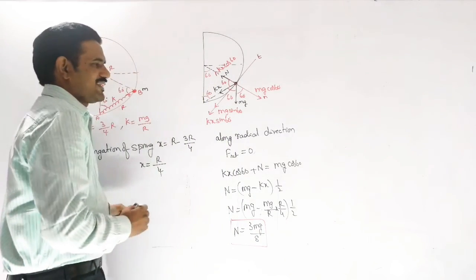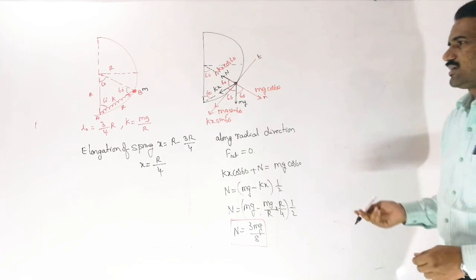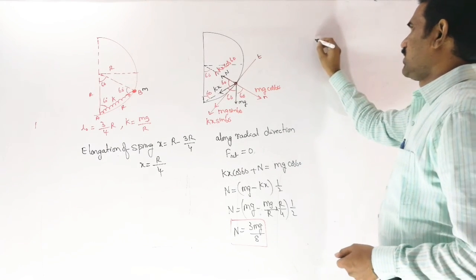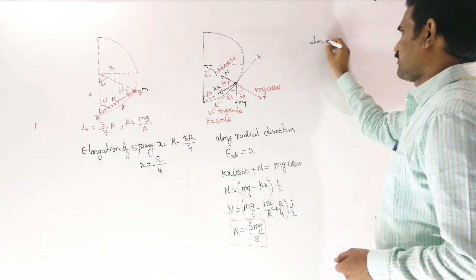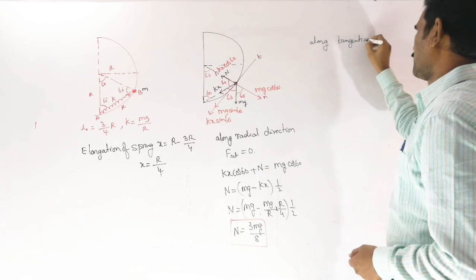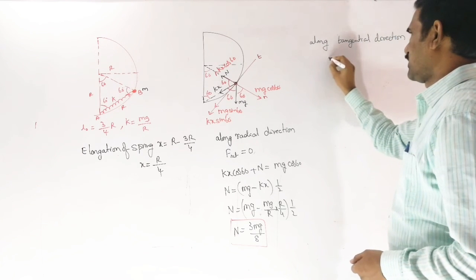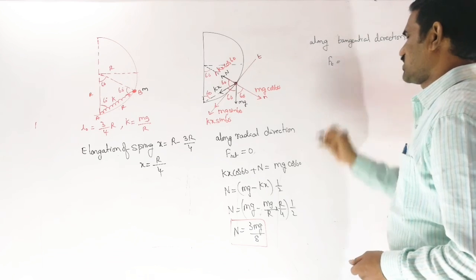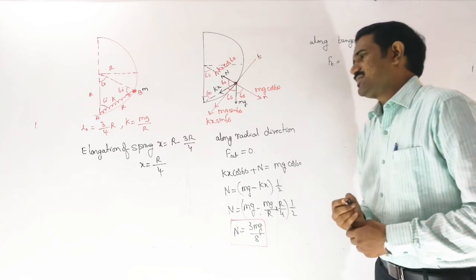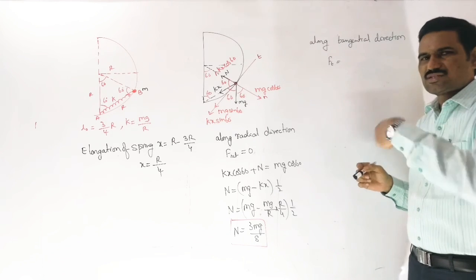Next, the tangential acceleration. Along the tangential direction we can write again such force equations. So along the tangential direction, the tangential force gives the tangential acceleration, in the sense the acceleration of the bead along the tangent to that circle.